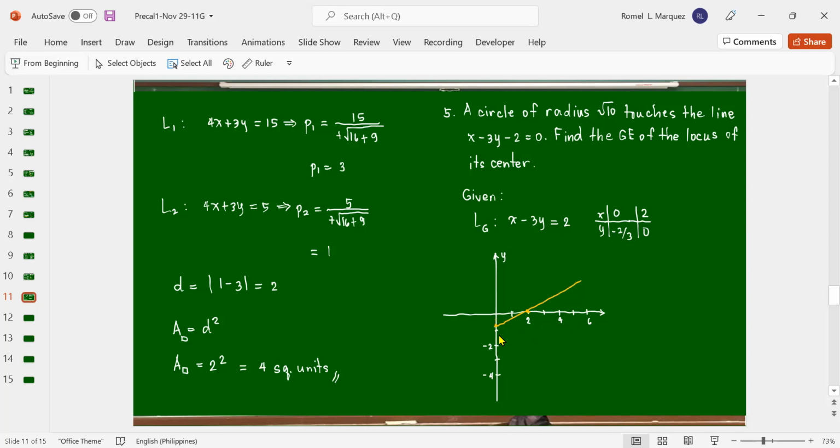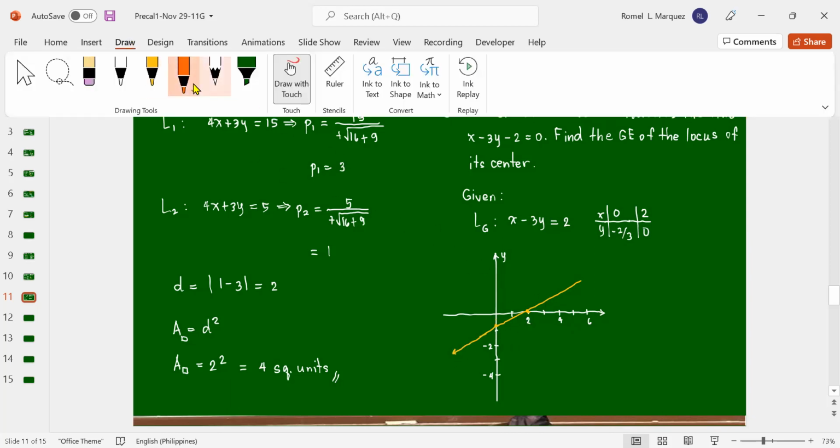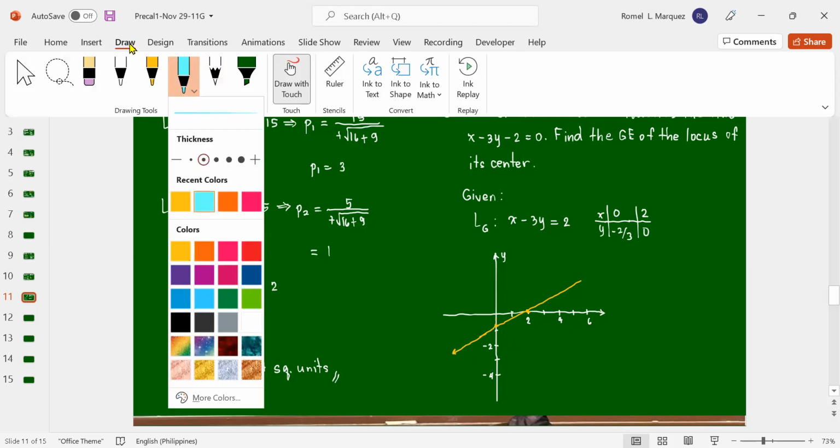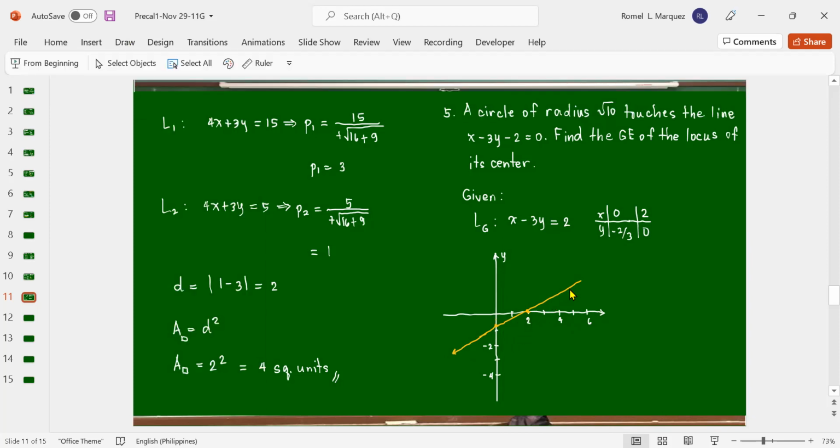And the circle is supposed to touch this line, okay? Guys? So it is possible that the circle is where? Somewhere here, touching this line here.